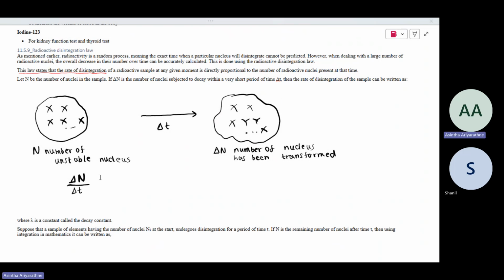Right? So it is directly proportional to the number of radioactive nuclei, which is n.